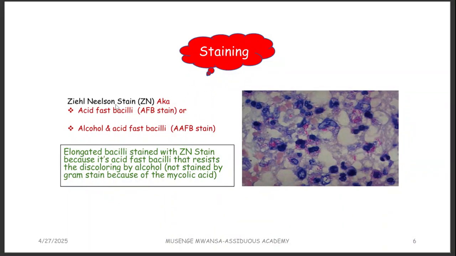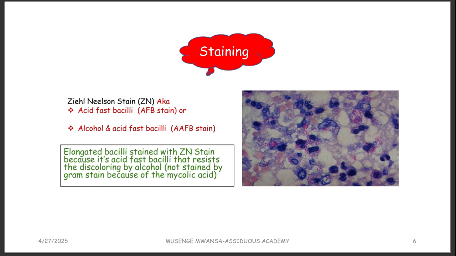The staining, we've said that you use a ZN stain. ZN stain is also known as the acid fast bacilli, AFB. There is an exam where they just asked, what does AFB stand for? Or one paper I was going through was asking, what does AAFB stand for? So AAFB is alcohol and acid fast bacilli.